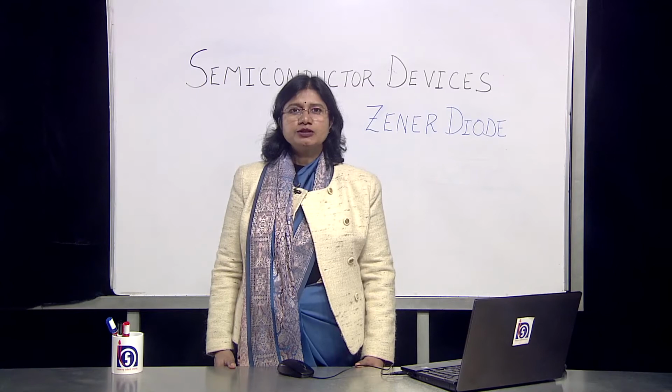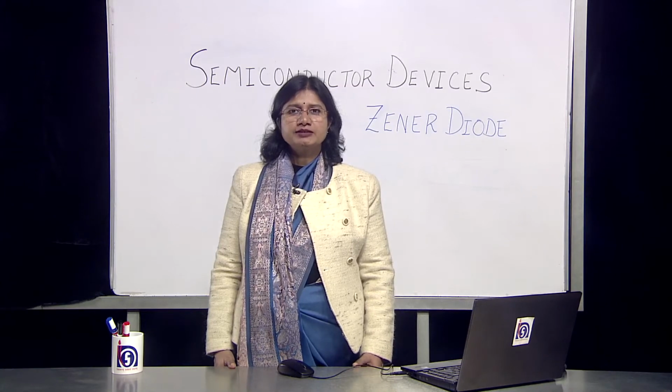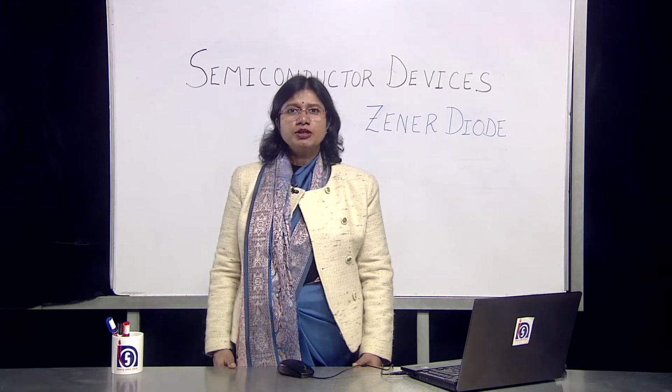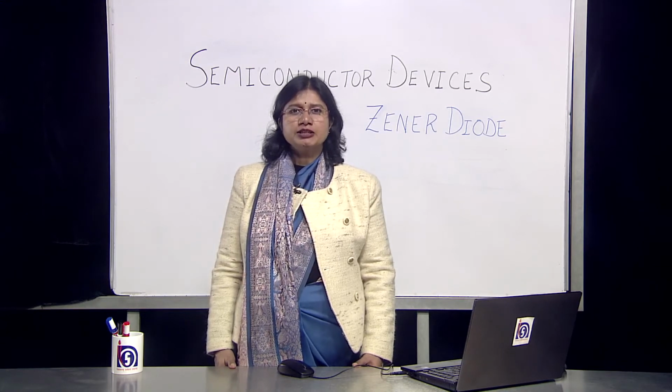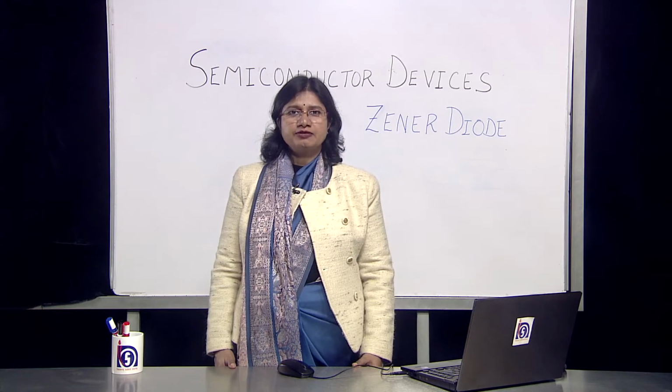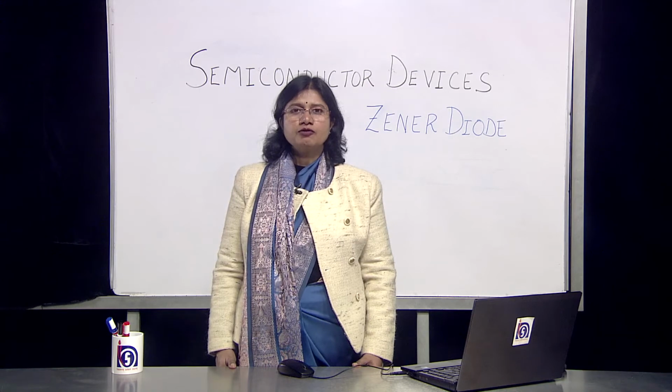We are here to discuss semiconductor devices. In our previous discussions, we talked about the use of a PN junction diode as a rectifier, and we talked about half wave and full wave rectifiers.